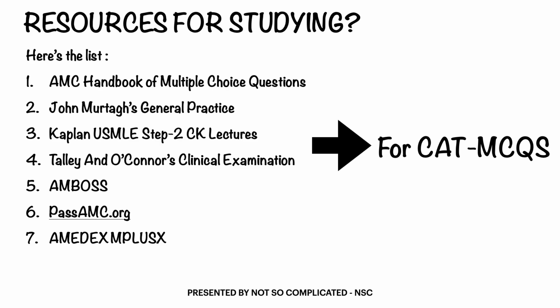The AMC Handbook of Multiple Choice Questions is exactly the collection of past questions in AMC, so basically you have to go line by line through it. And passamc.org also provides question banks, and AMDEX M plus X is also a resource for studying for CAT MCQs. You can tap into each of these and read from them.